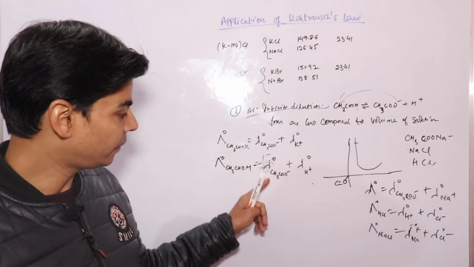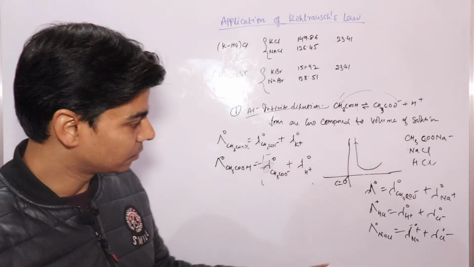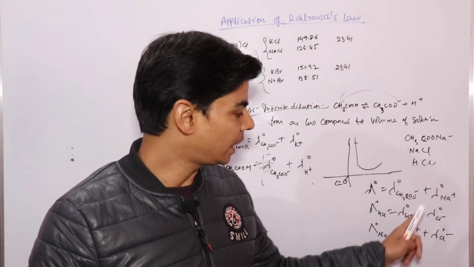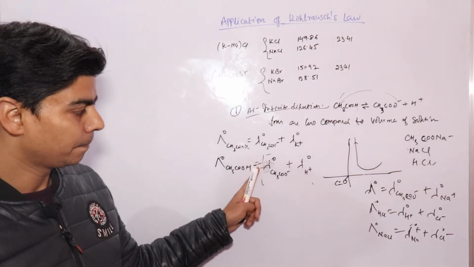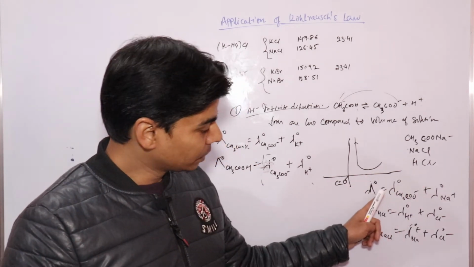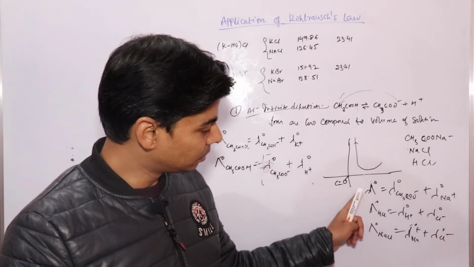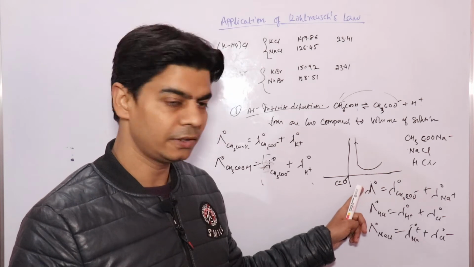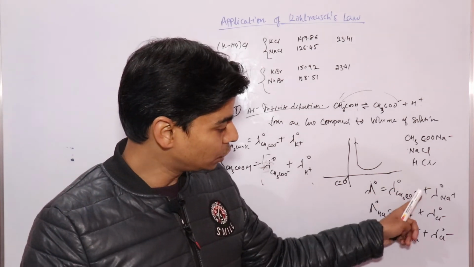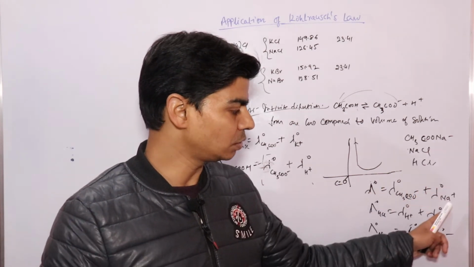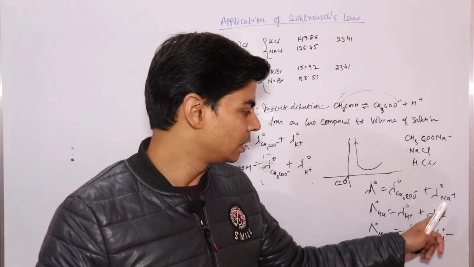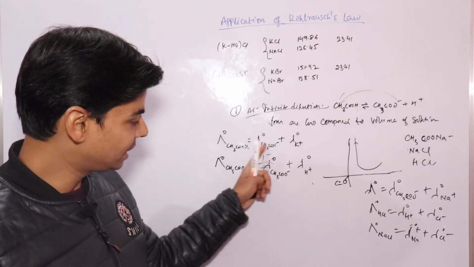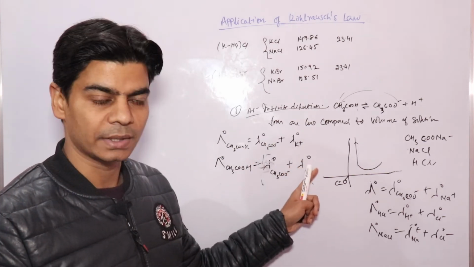So if I get the value for acetate ions from sodium acetate, I can substitute it here, because in the molar conductance of sodium acetate at infinite dilution, the motion of acetate ions does not depend on sodium ions. So here also, the motion of acetate ions is not dependent on hydrogen ions.